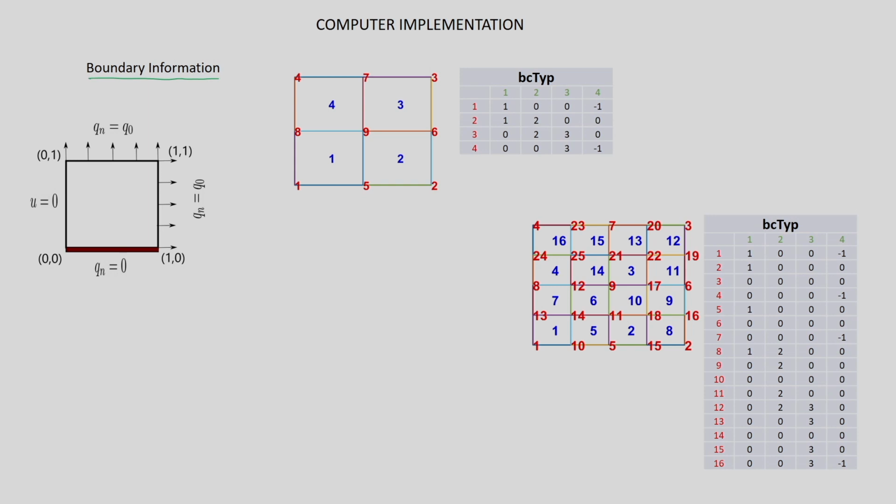If there is any side which coincides with the Neumann boundary, we mark it with a positive number. If one of the edges of the element coincides with the internal boundary, we mark that edge as 0. And if some edge of that element coincides with the Dirichlet boundary, then we mark it with a negative number.